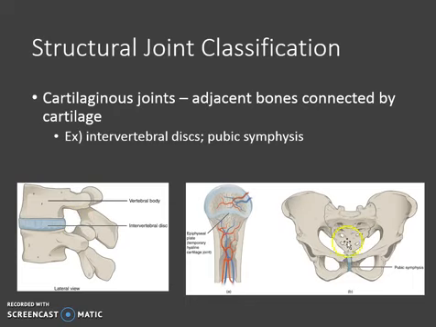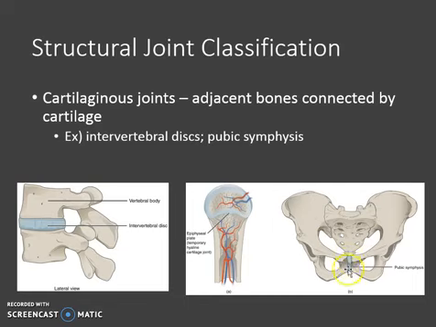The pubic symphysis is another cartilaginous joint, and this is the pelvis right here. You've got two coxa bones, one here and one here, and they come together in the front at the pubic symphysis. Now, both of these joints aren't super flexible, but they do allow for a little bit of movement.